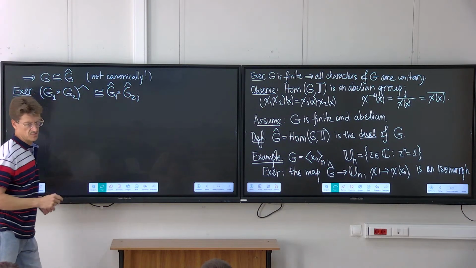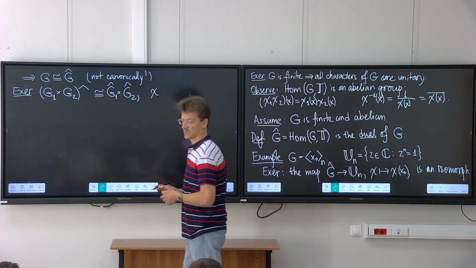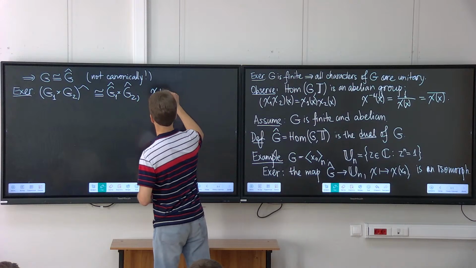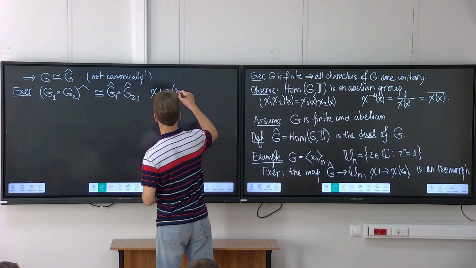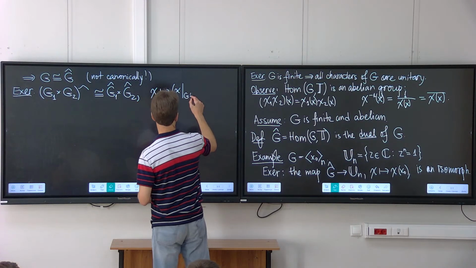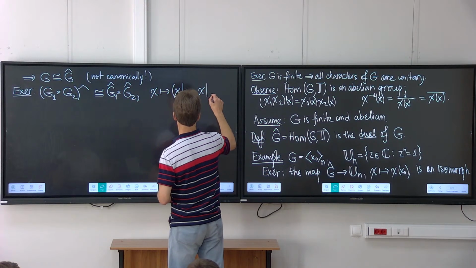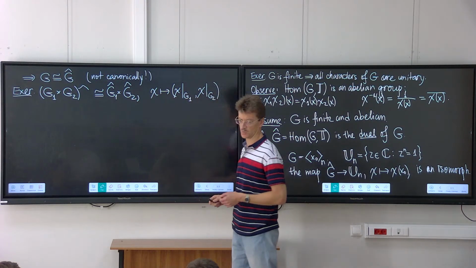And the isomorphism is quite explicit. Every character chi of the product goes to its restrictions to the subgroups G1 and G2. This is easily seen to be a group isomorphism.